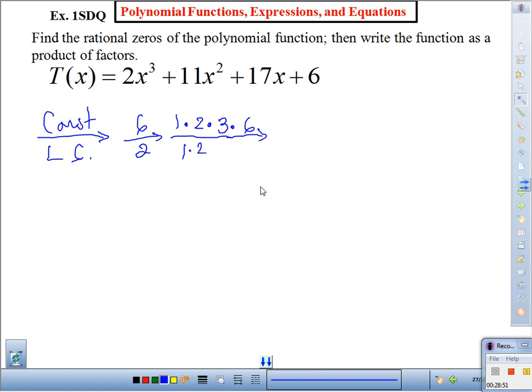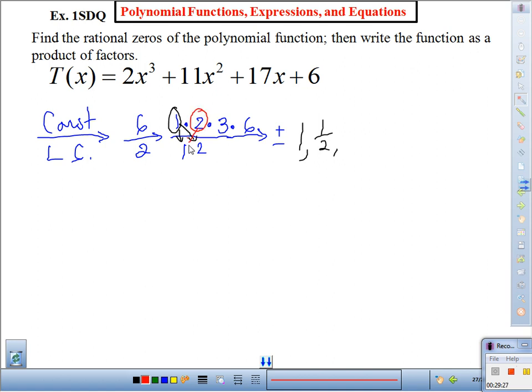So let's find our possible rational zeros. Plus, minus, let's see. Look up, please, so you can see it. 1 divided by 1 is 1. So I did this one with this one, yes? So now this one with this one. What is 1 divided by 2? 1/2. Did everybody see that? I did this one with this one, and that one with that one. Okay, comma. What am I doing next?